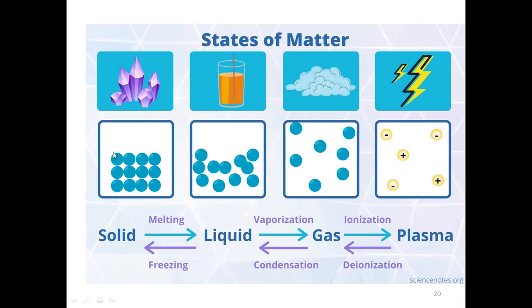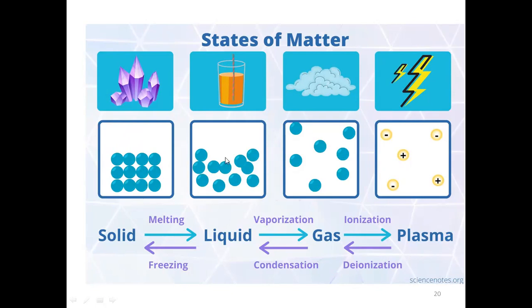So they are closely packed to each other, and you can see if they are closely packed, it means the attraction of one molecule or one atom with the other atom is strong. That's why they are forming the solid. And now if you provide heat over here, what is happening?